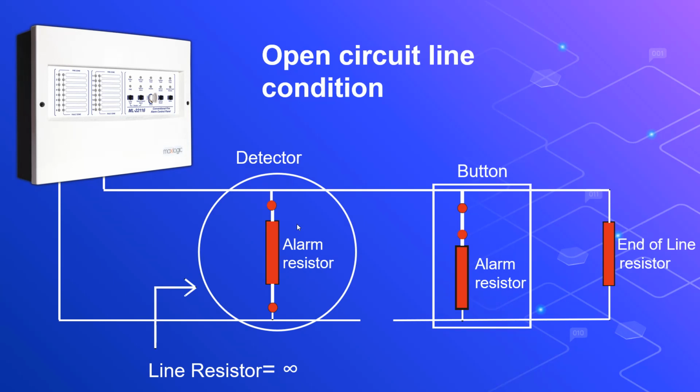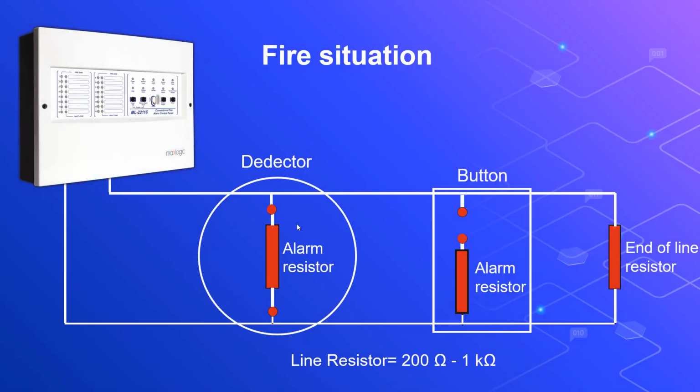It's possible to monitor an open circuit condition within the operational principles of the conventional system. When an open circuit occurs in the zone, the measured resistance value at the beginning of the line will be infinite. The fault LED for the respective zone will be illuminated on the control panel. In a fire situation, the line resistance value is between 200 ohms and 1 kilo ohm.